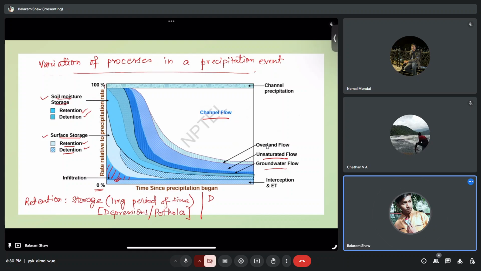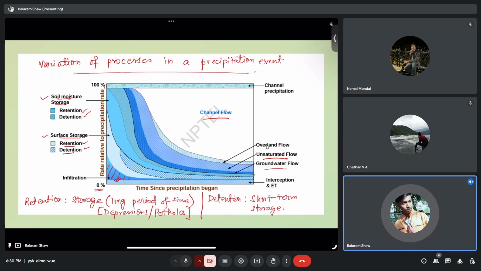Next we have detention. What is detention? This is short-term storage. After precipitation, we can have a small sheet of water on the surface, and that short-term storage is depleted by flow away from the storage location.